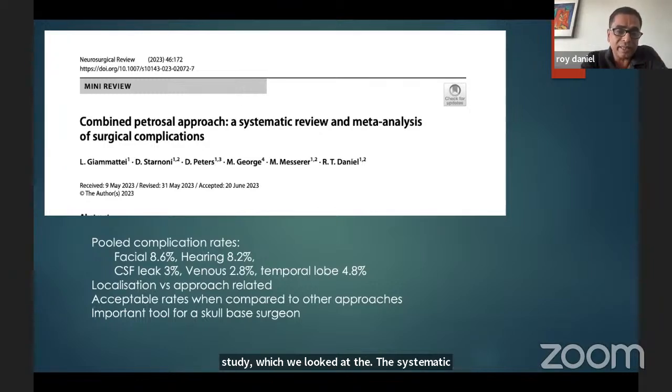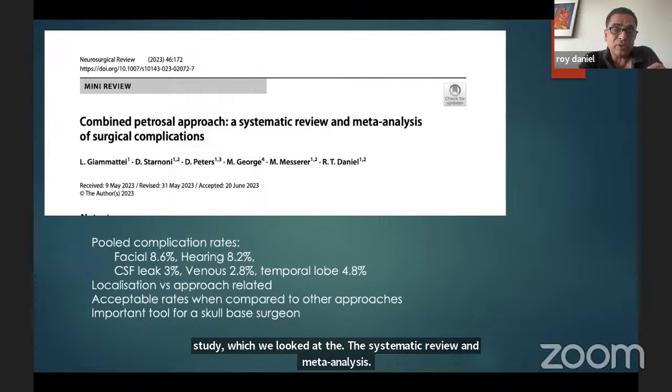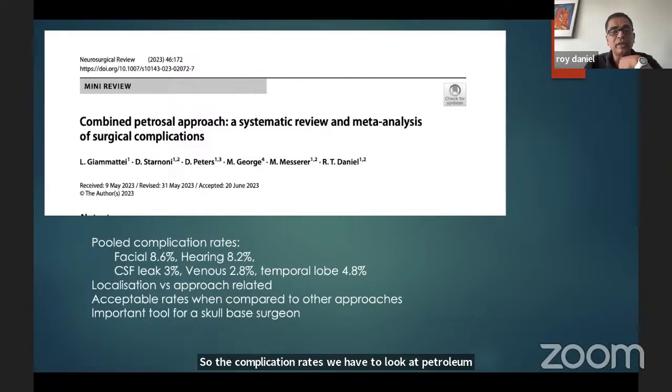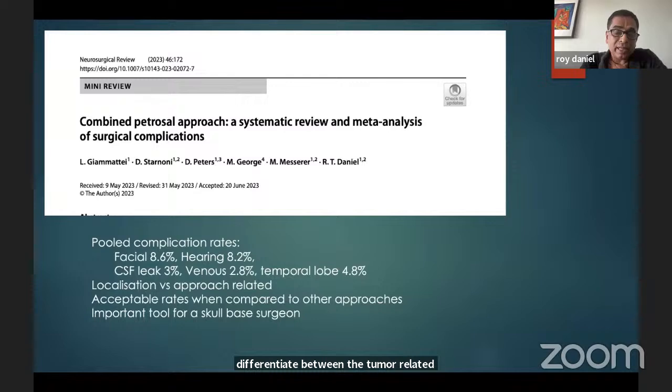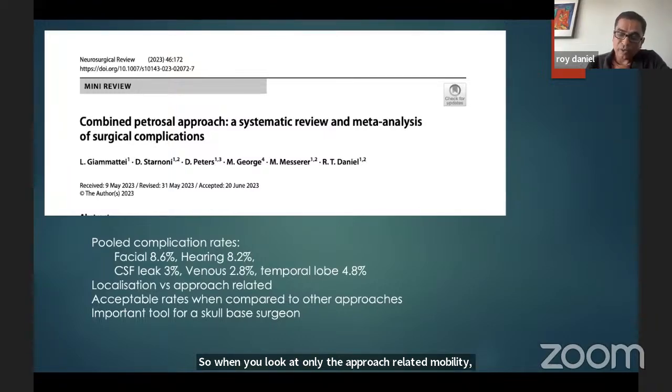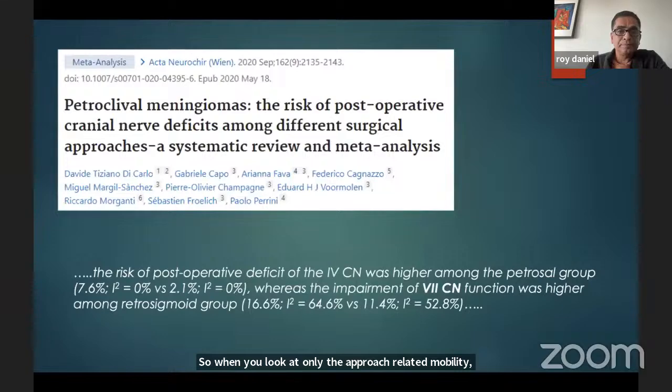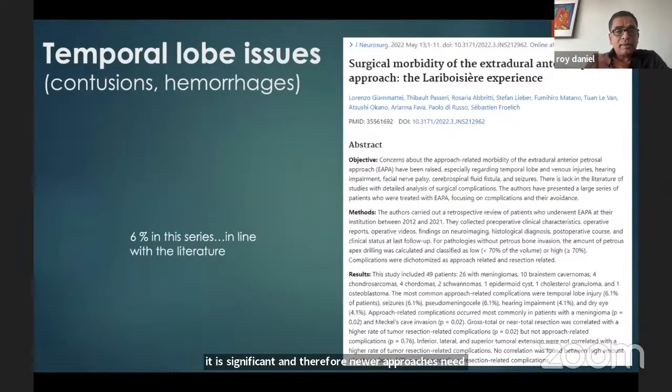We have to look at petrosal approaches from a complication viewpoint. You have to try to differentiate between the tumor-related morbidity, which is common for any approach, and the approach-related morbidity. When you look at only the approach-related morbidity, it is significant, and therefore newer approaches need to be looked at.